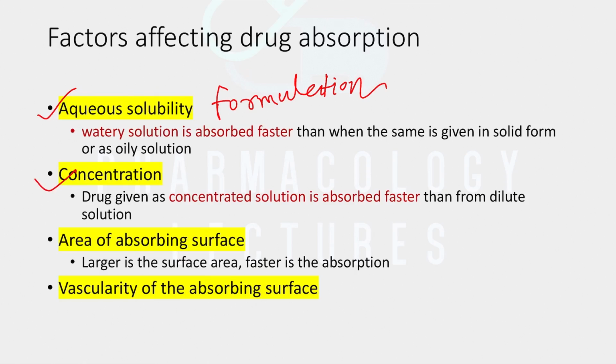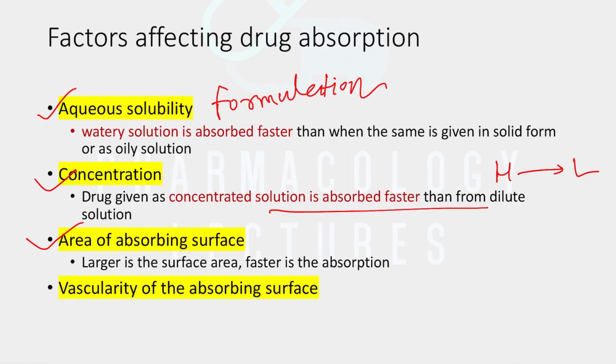Second thing, the concentration. If we are introducing a higher concentration, obviously absorption would be faster, because we have already seen in the drug transport system that mostly absorption is passive diffusion, where drugs get transported from higher concentration to lower concentration. Area of absorbing surface: obviously the larger the area of absorption, the more the rate of absorption.